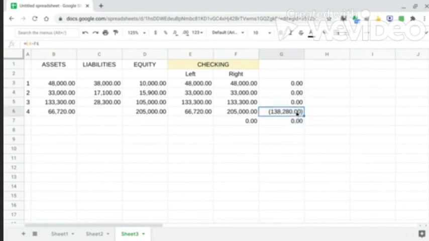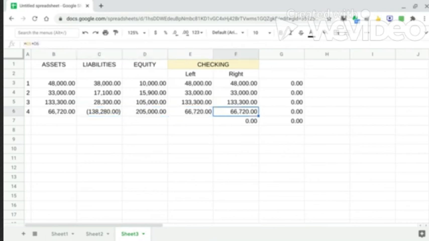Which means, kung ano mang nangyari sa transaction dito sa number 4, nabawasan yung liability ng 138,280 pesos. Kaya siya negative. Ibig sabihin nun, nabawasan siya. So, if you will see, balance na naman: on the left side, we have 66,720 pesos, and adding negative 138,280 pesos and 205,000 pesos, you will get 66,720 pesos on the right side of this equation.